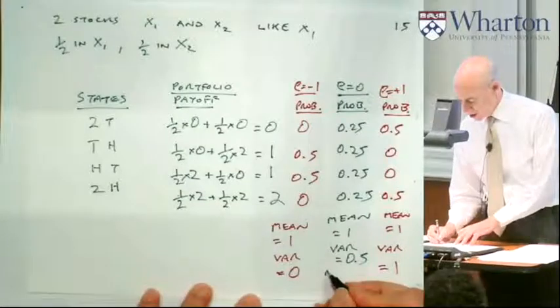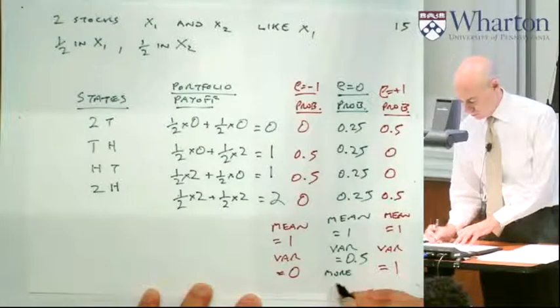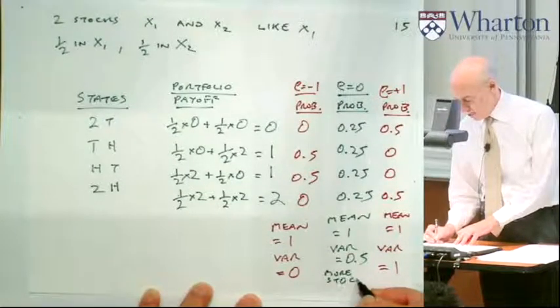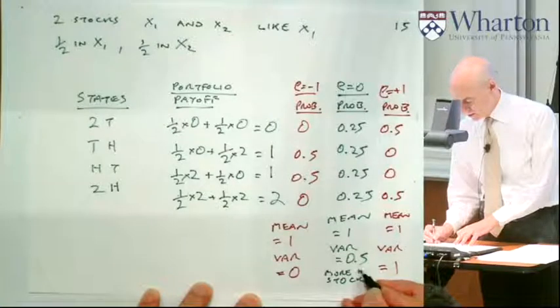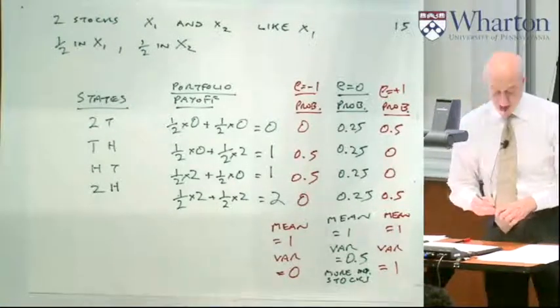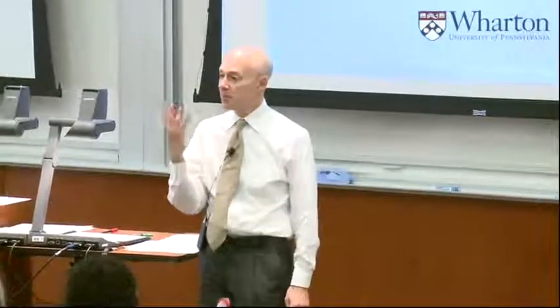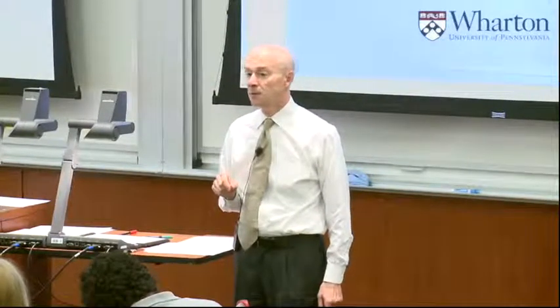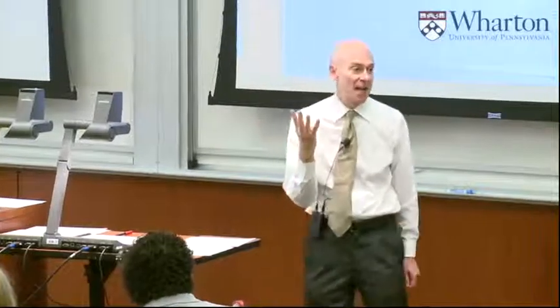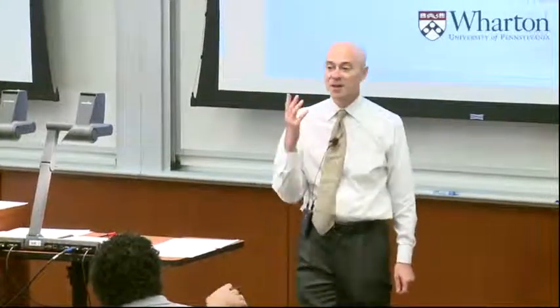Now, the other way to get rid of risk here is to add more stocks. So if we have more independent stocks, suppose we had 4 stocks or coins that were independent, what's the probability of 4 tails? 1 over 16.